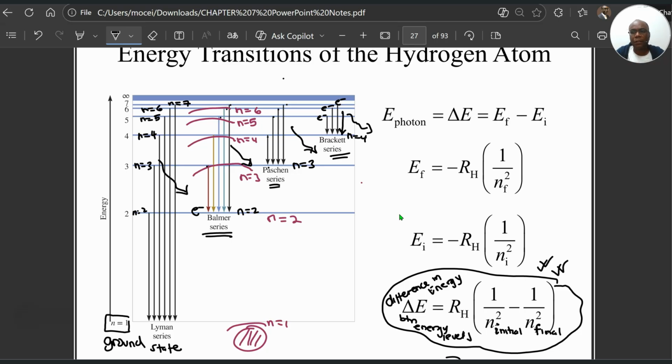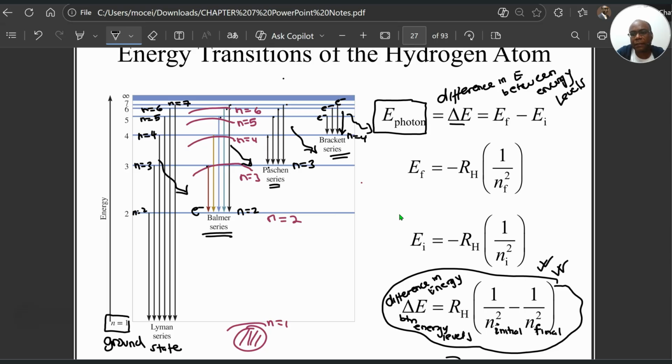Now, if you want to find the energy of the photon, that should be equal to the difference in energy between energy levels.